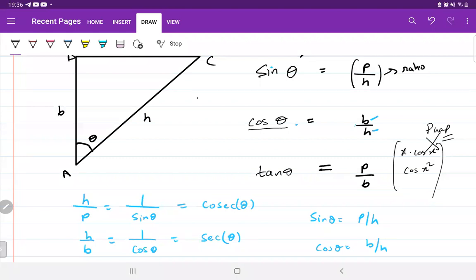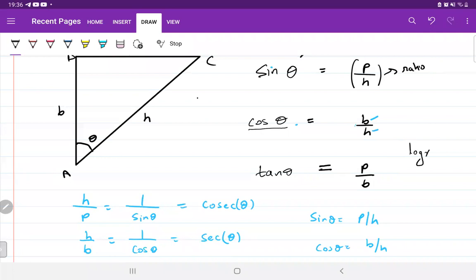I'm telling you, 11th students have made this mistake. So cos theta is different, like in the log example. Cos theta and cos x are the same, as x and theta are both angles.